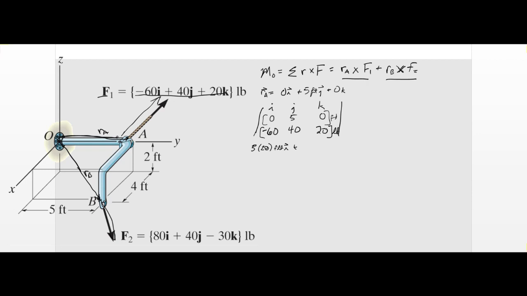We have a 0 times a 0 on the other side, so plus 0 J. And then for the K term, we have a 0 minus 5 times minus 60 in the K direction.